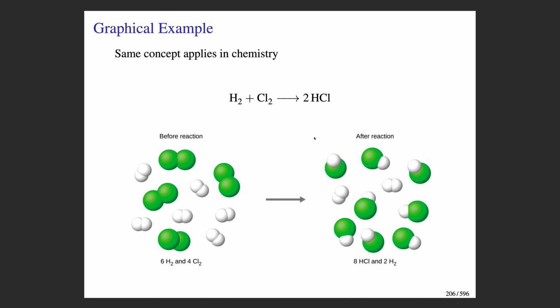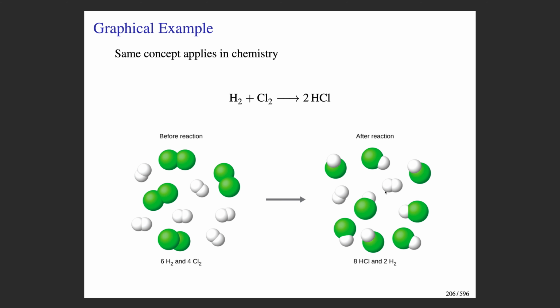The amount of hydrogen chloride you can make is going to be limited by the number of chlorine molecules you have available in this case. And so each molecule of chlorine can produce 2 molecules of hydrogen chloride. And so since you have 4 molecules of chlorine gas, you can have 8 molecules of hydrogen chloride, but there's going to be some leftover hydrogen, 2 leftover molecules as we see here.